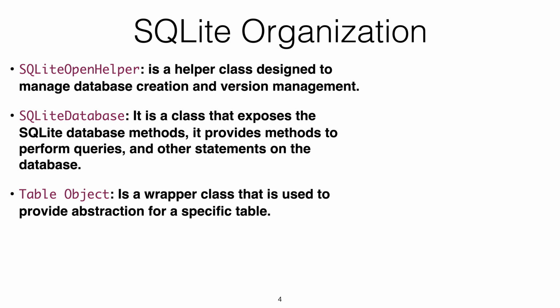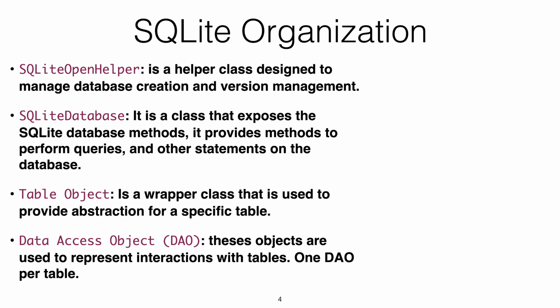Then there is the table object. It's a wrapper class that we're going to implement to provide some abstraction with regard to the table. And then the data access object is another abstraction that we are going to create to enable us to interact with the database for specific tables. For example, we're going to write all our SQL statements here, our inserts and updates.